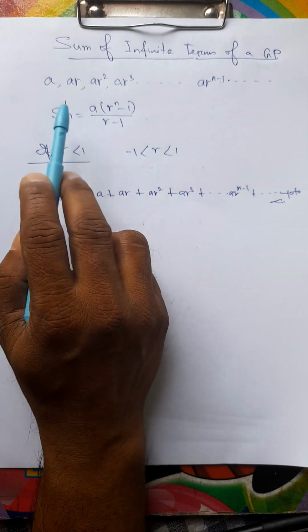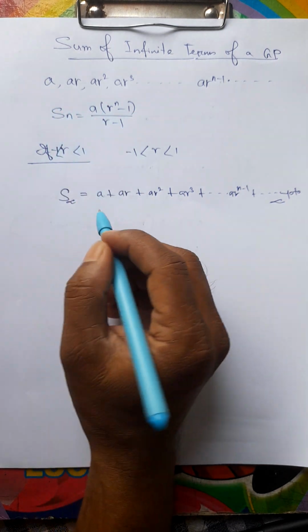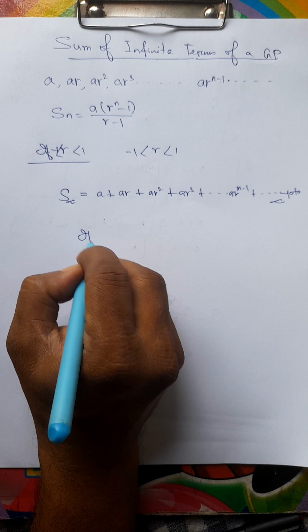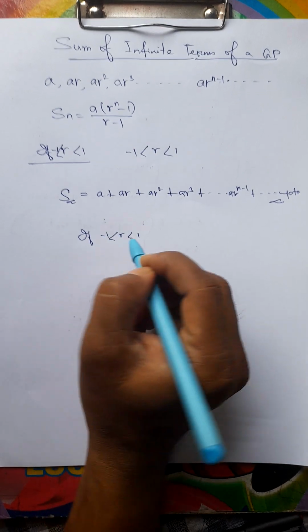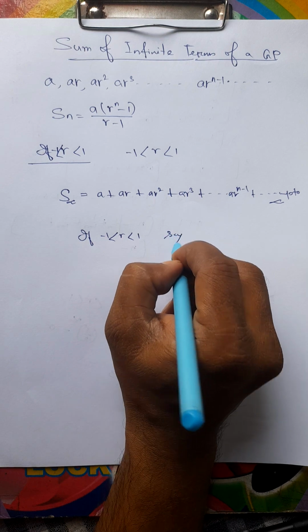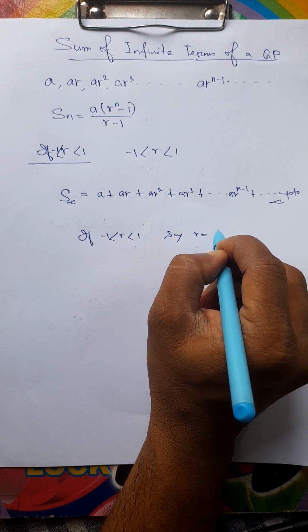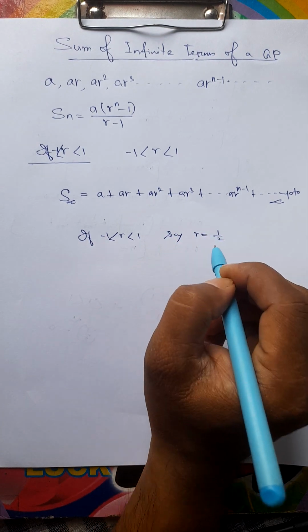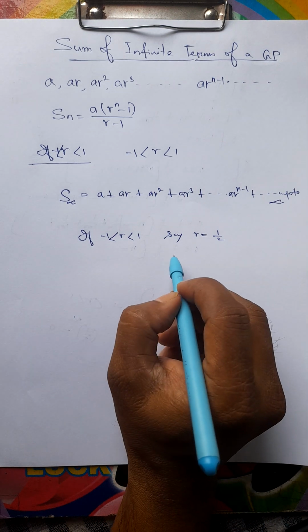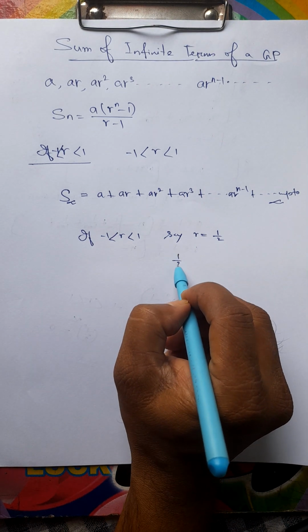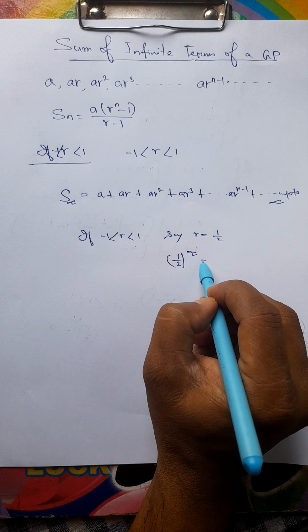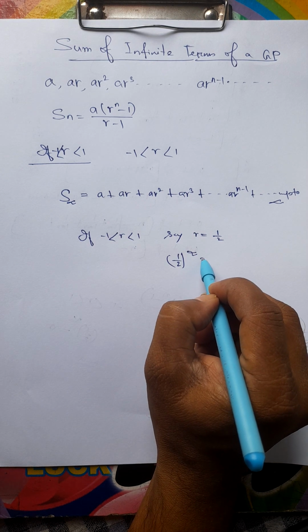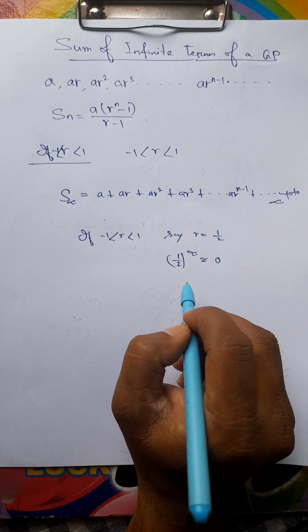Now think about what would be the sum of this series if r lies in between 1 and minus 1. Say for example r equal to suppose 1 by 2. Then what would be 1 by 2 to the power infinity? It is approximately equal to 0, right?